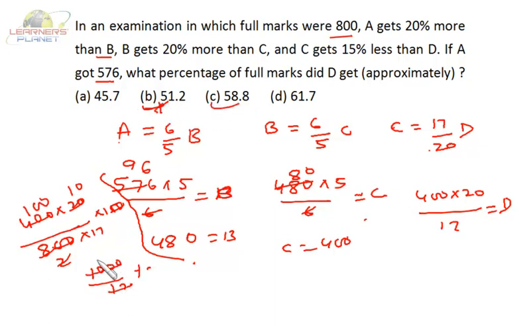Okay, since 17 fives are 85, 17 eights are 136. So it's around 58.8%. So 58.8 is the percentage of D out of 800, but I am not calculating the marks over here since I have to calculate the percentage. Okay, I hope you are clear.